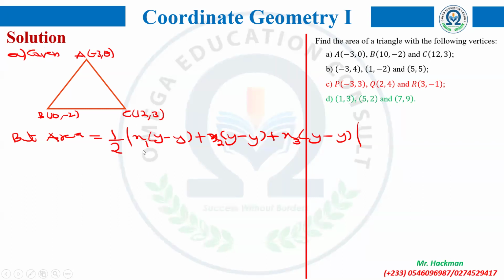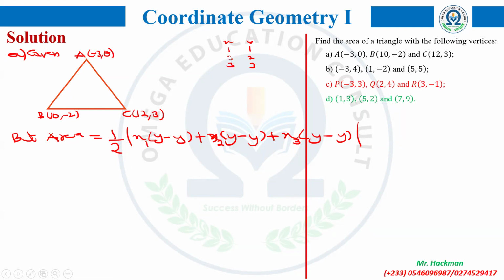X will have subscripts 1, 2, 3, and y will also have subscripts 1, 2, 3. So move according to the numbers. From 1, which sub do you go to?